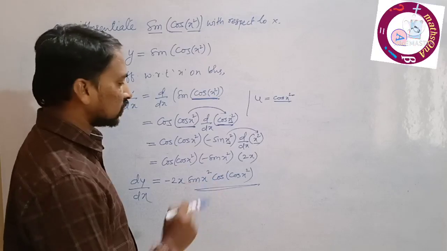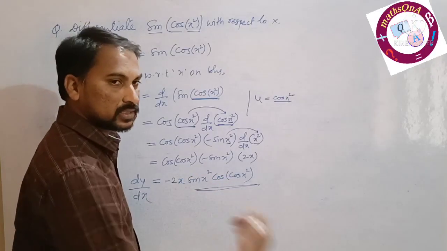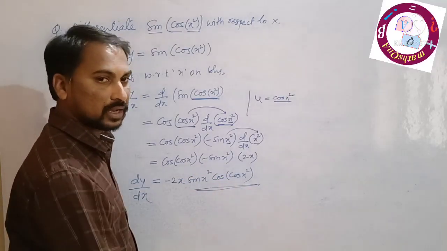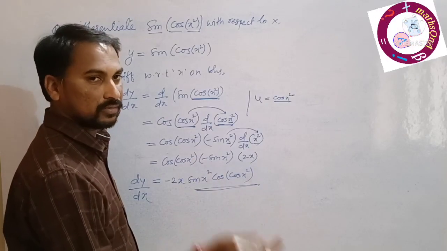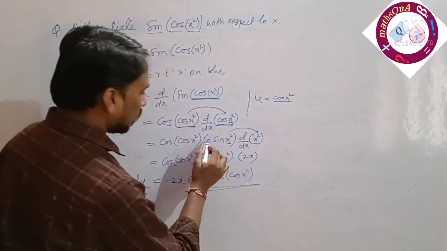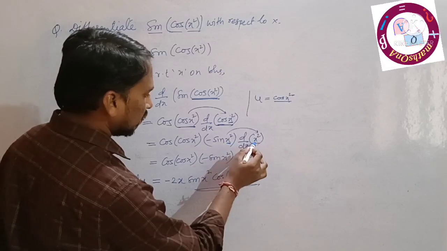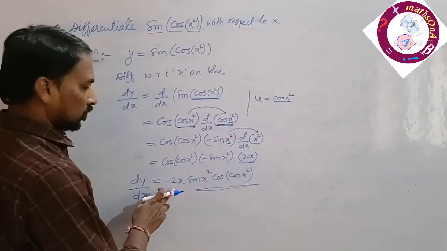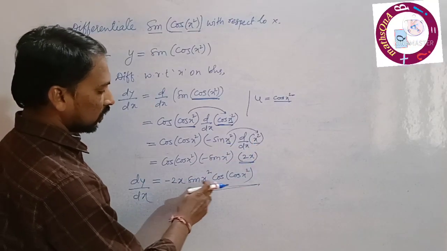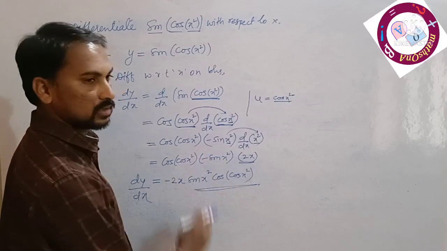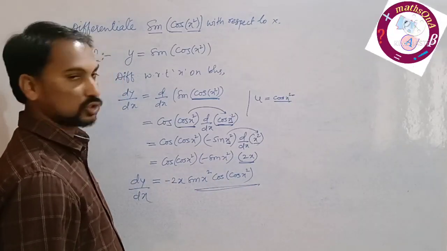This is a composite function, so you have to differentiate the function first, then the angle. Minus sine x square as it is, derivative of x square is 2x. Minus 2x sine x square cos of cos x square. This is a very good answer of the given question.